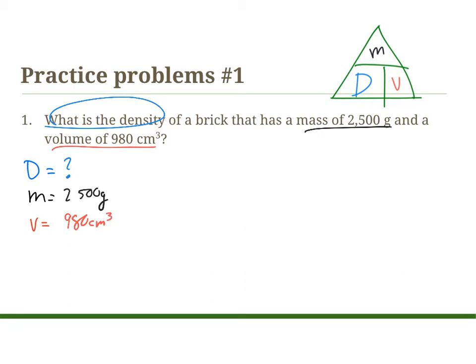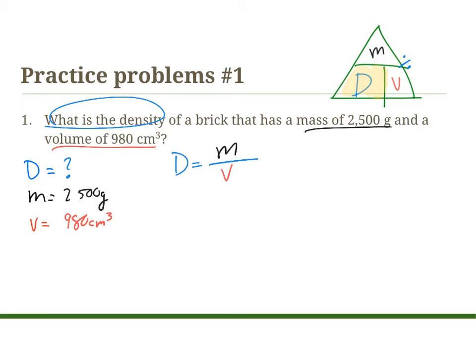So what I'm going to do is go up to my triangle and highlight what I'm trying to solve for. So that tells me that I'm going to be solving for density, and when I solve for density, I'm going to divide mass by volume.